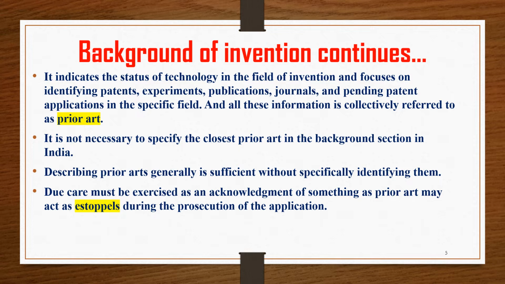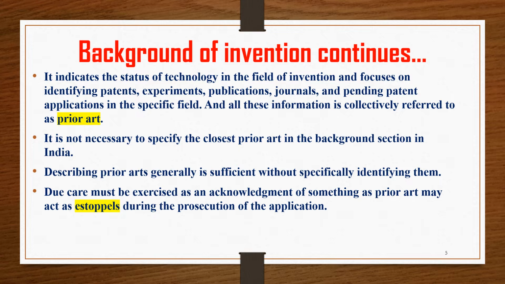Second point: it is not necessary to specify the closest prior art in the background section in India. That means as per the Indian Patent Act, it is not necessary to specify the closest prior art in this particular section. Next point: describing prior arts generally is sufficient without specifically identifying them. Okay, that means identification is not actually needed.